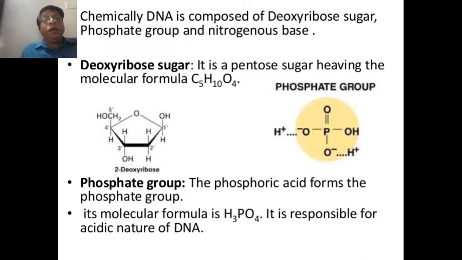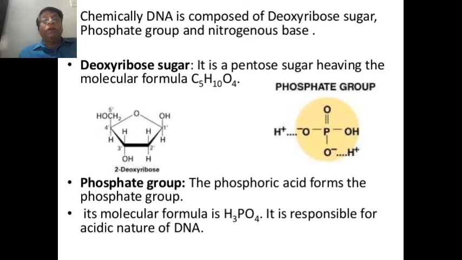Chemically, the DNA is made up of deoxyribose sugar, phosphate group, and nitrogenous base. So you can say the nucleotide. What is the definition of nucleotide? Nucleotide is the fundamental unit of DNA or RNA made up of 3 units, namely nitrogenous base, sugar, and phosphate.